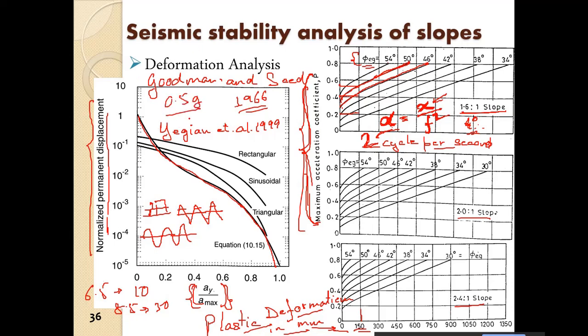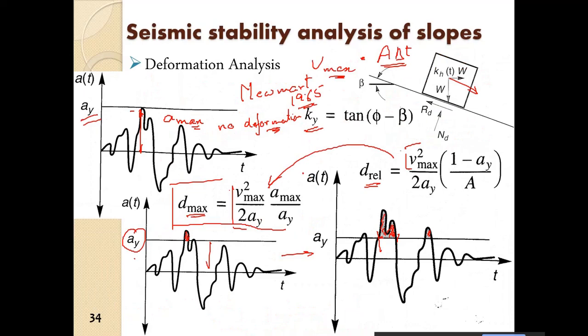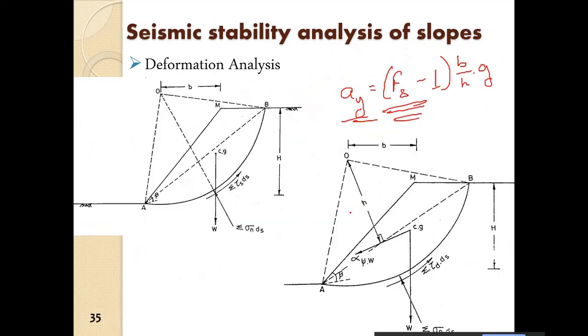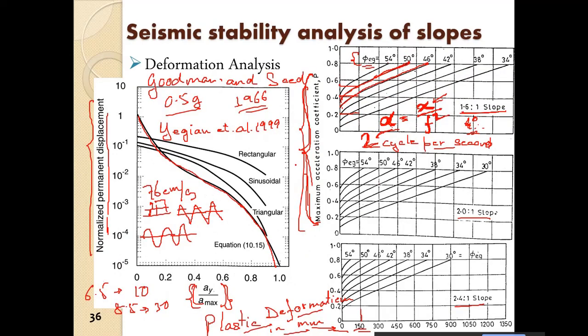For finding out this displacement, the peak velocity they considered is 76 centimeter per second. So using that we can find out the displacement in a slide, and the concept is the same. They have used this Newmark concept to find out these equations.